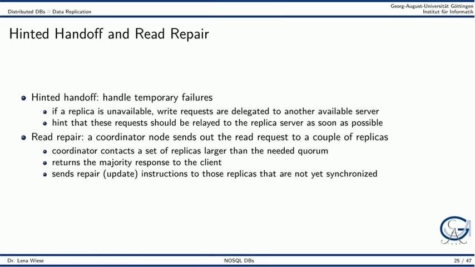server starts up again. On the other hand, with read repair, a coordinator node sends out read requests to a set of servers to obtain a majority vote from all replicas. The coordinator hence sends the read request to a set larger than the needed quorum or majority in this case.